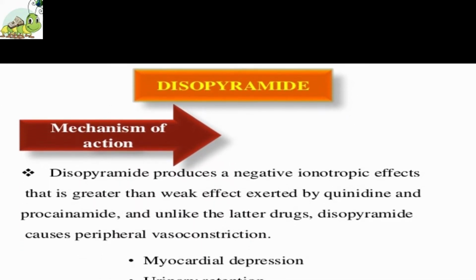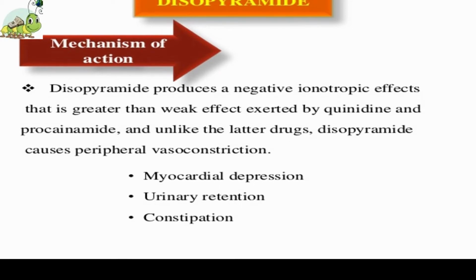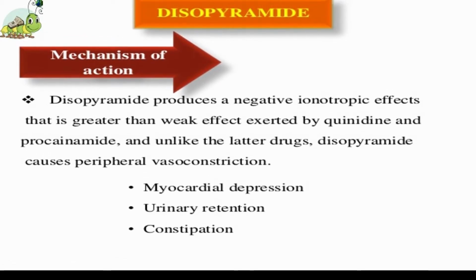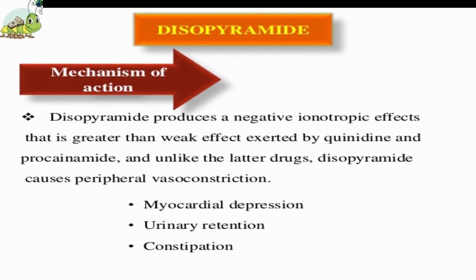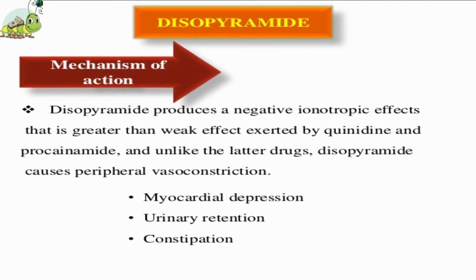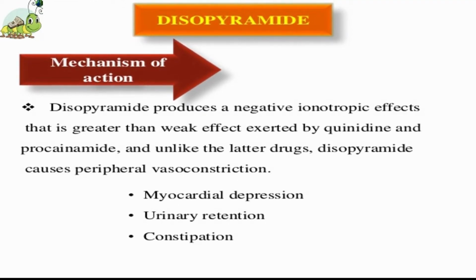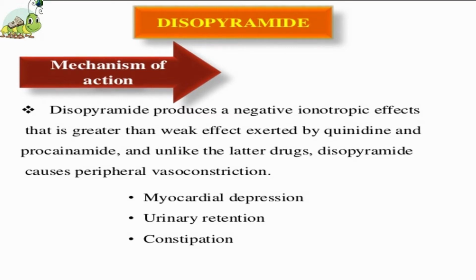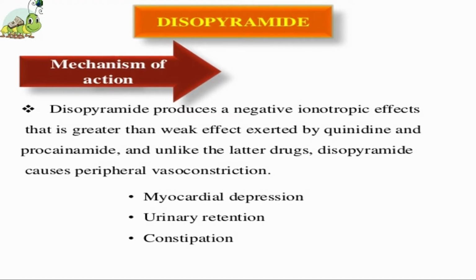The mechanism of action. This class 1A drug shows actions similar to those of quinidine. Disopyramide produces a negative inotropic effect that is greater than the weak effect exerted by quinidine and procainamide, and unlike the latter drugs, disopyramide causes peripheral vasoconstriction.